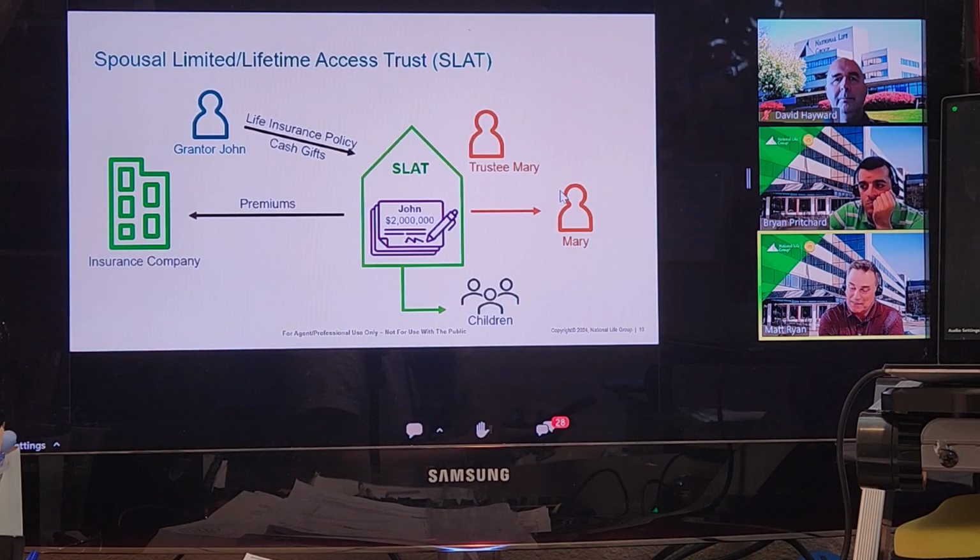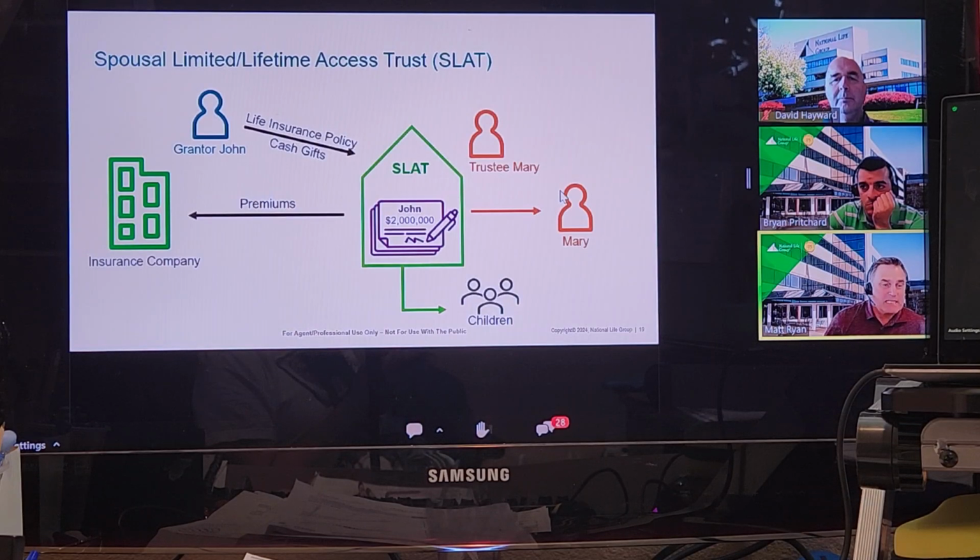If they divorce on bad terms and Mary is still the beneficiary of that spousal lifetime access trust, well, Mary has access to it, John doesn't. And it's only if Mary, out of the goodness of her heart at that point in time, wants to help John, she may do so, but chances are probably that's not going to happen.